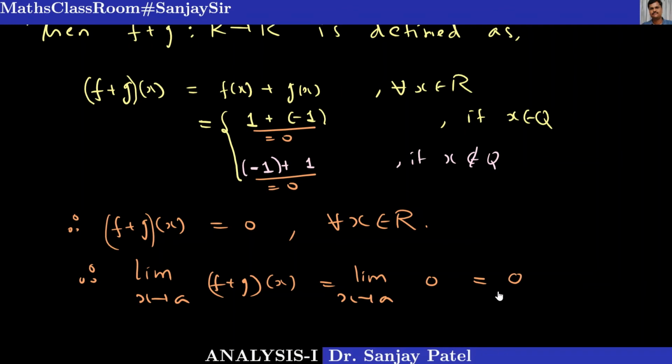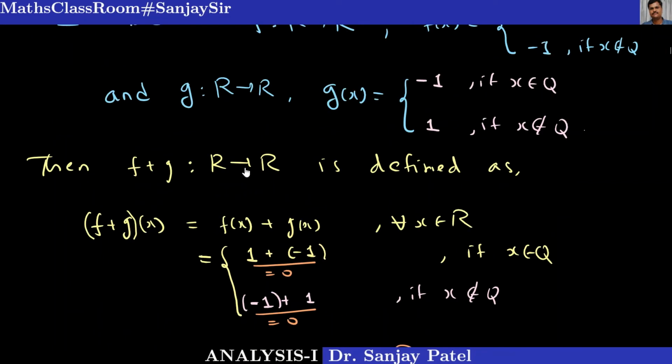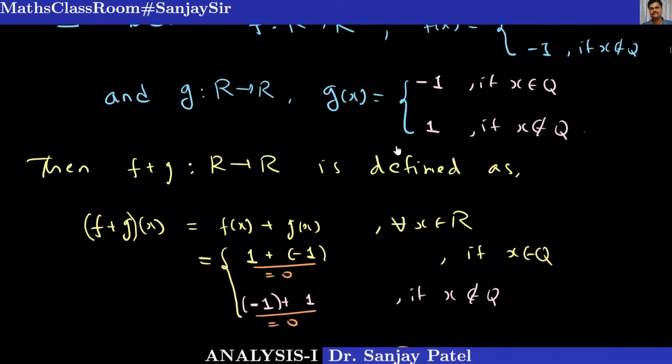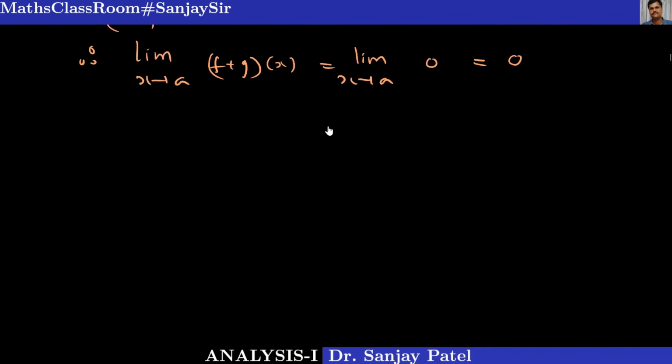So this limit exists. But as I have discussed in the previous example, limit of f(x) does not exist, and the same reason, just it's interchange of the values. So limit of f(x) and limit of g(x) do not exist. It follows from the previous problem.